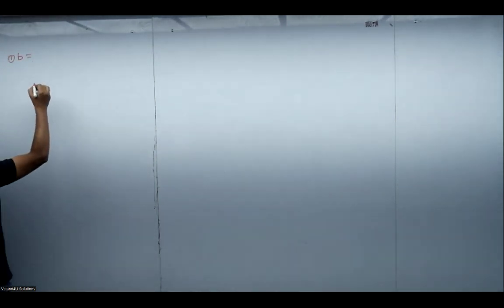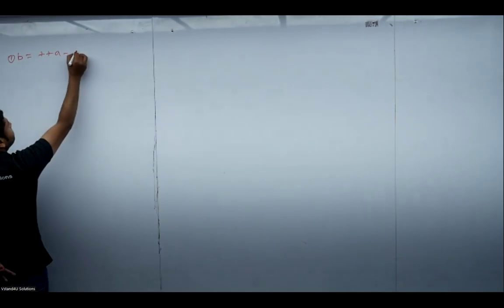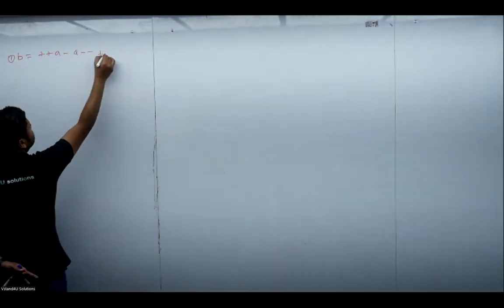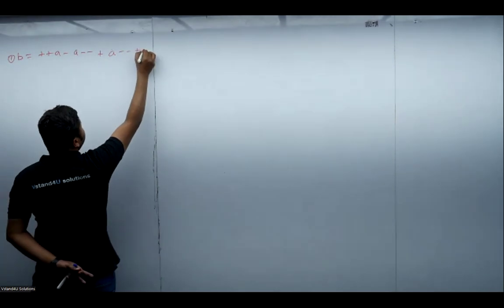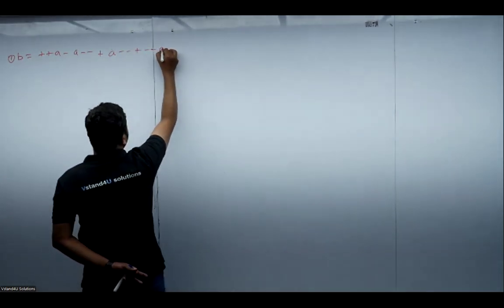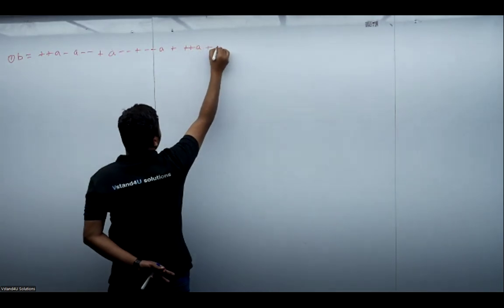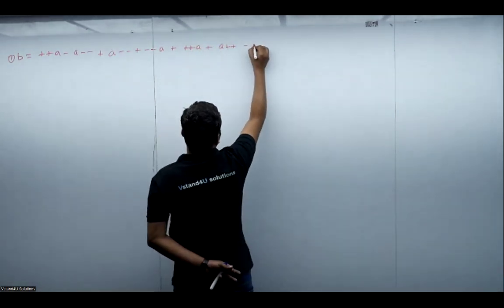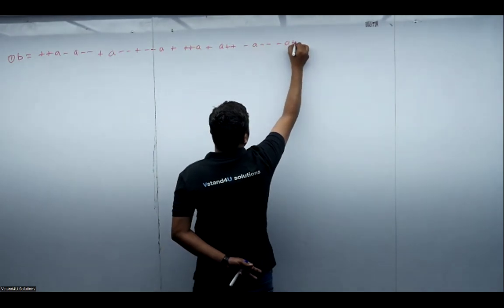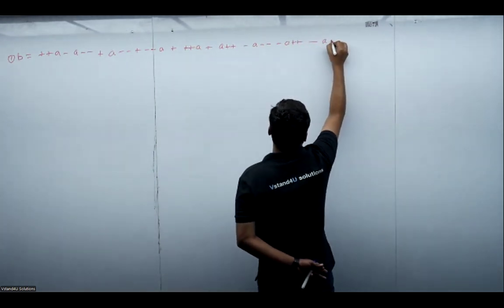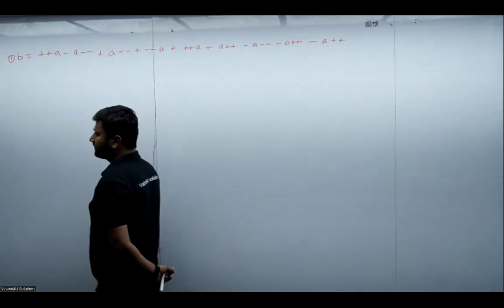Considering A is always 10. I'm writing the next part of the equation. First, B is equal to. Pretty much visible. Start.